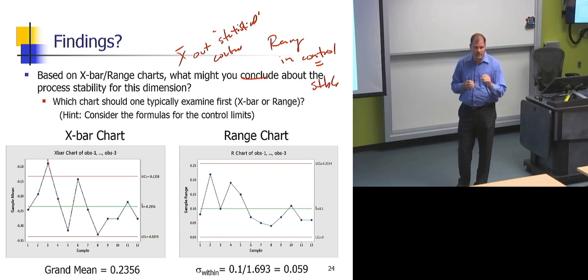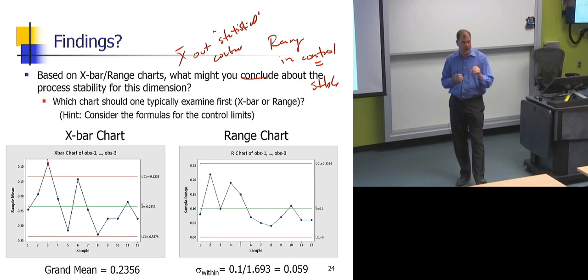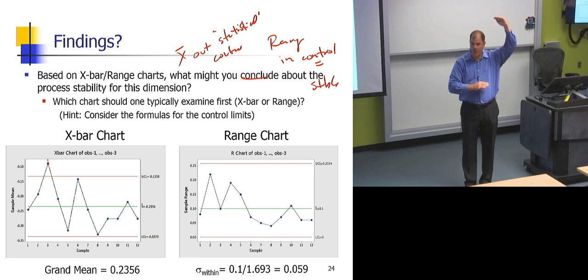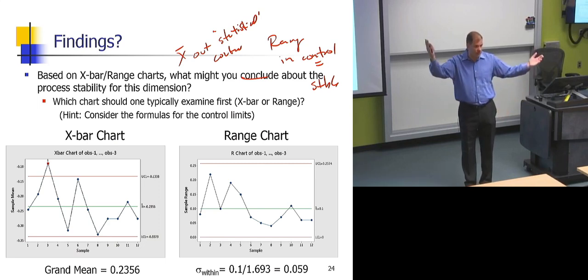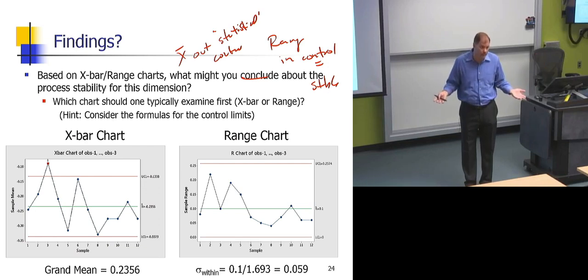And if you inflate your estimate of R bar, what are you doing to your control limits for the X bar chart? They're going to go bigger. I'm making my hands go wider. So if you have an R bar which is based on out of control ranges, you're going to say that the average R bar is a larger number than it really should be.